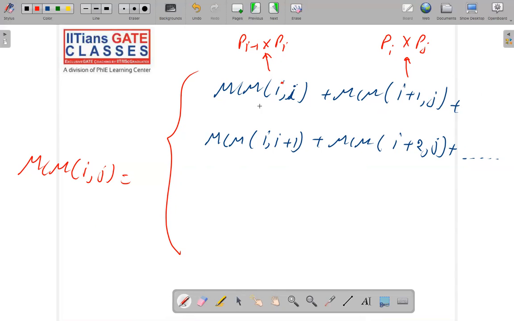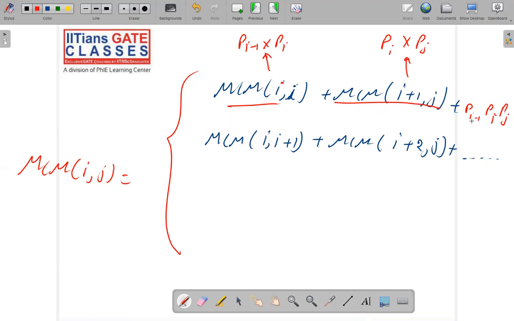So if you multiply these two matrices, our cost will be P(i-1) Pi Pj.